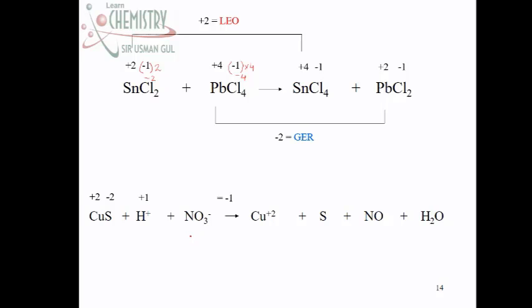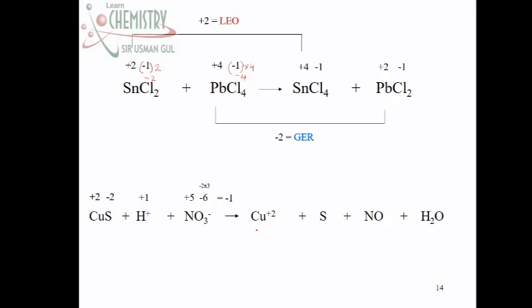Right now we have 3 oxygens. One oxygen contains -2 charge, then -2 multiplied by 3, the oxidation state would be -6. Now we have to write down a number that, when added to -6, gives the answer -1, so +5. So this is the oxidation state of nitrogen. Now moving toward the product side.